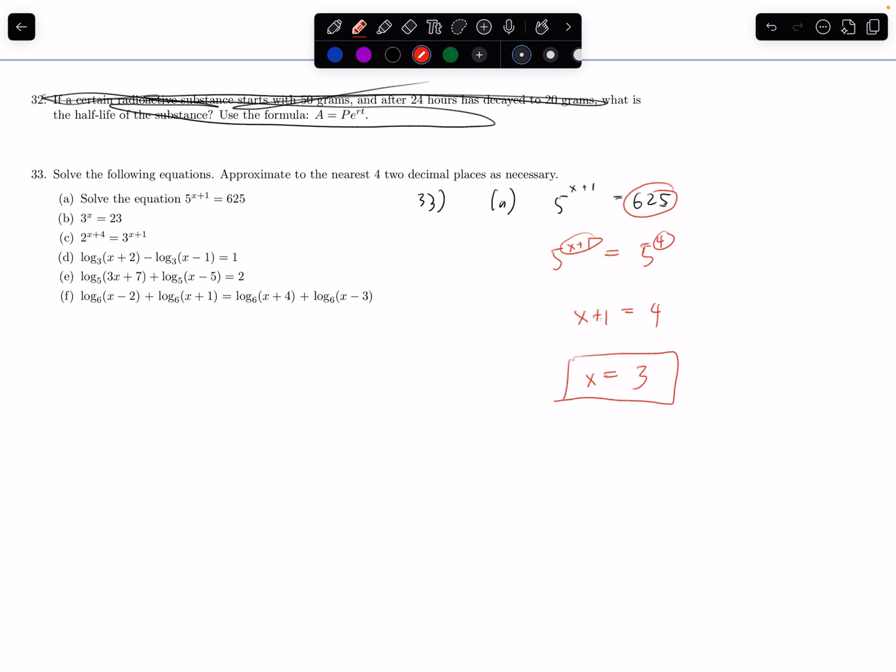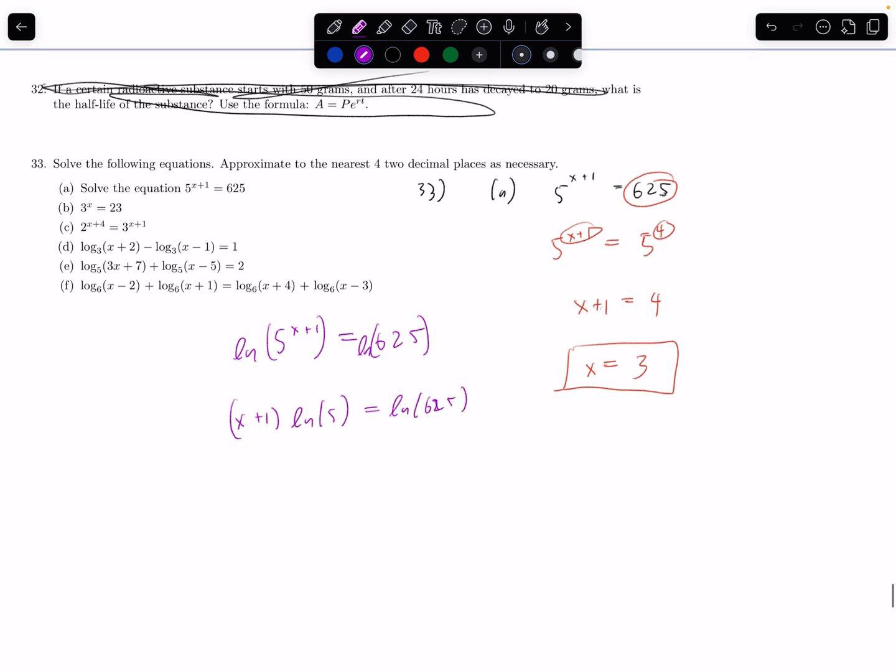As simple as that. But, again, I mentioned this last time we did questions like this. If you did not recognize that, it's actually not too big of a deal, because you could still do it the old-fashioned way and just hit it with the ln. What happens then? Exponent comes out to the front, right? So I've got x plus 1 times ln of 5 equals ln of 625.